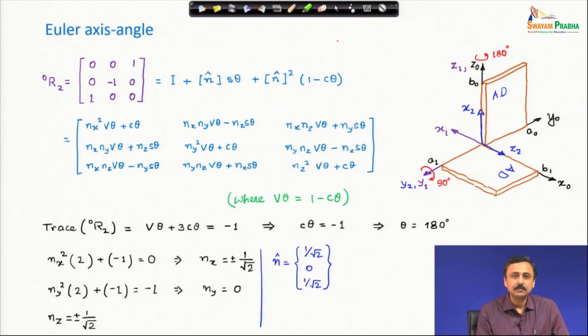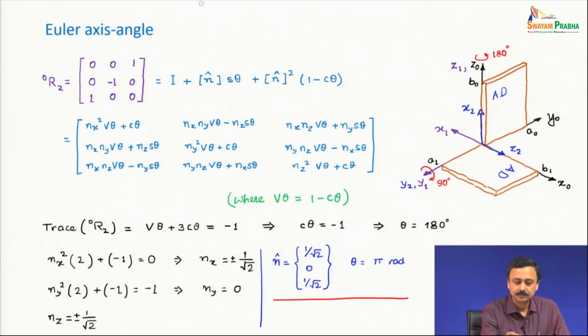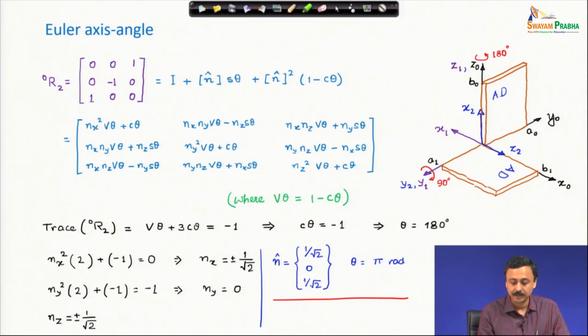Therefore, I can choose one of the signs consistently: if I take plus for nx, I must take plus for nz. If I take minus for nx, I must choose minus for nz. They will give me the same orientation. Therefore, n cap, the unit vector, is 1 by root 2, 0, 1 by root 2. This is our answer, and theta is pi, of course, which we have found out.